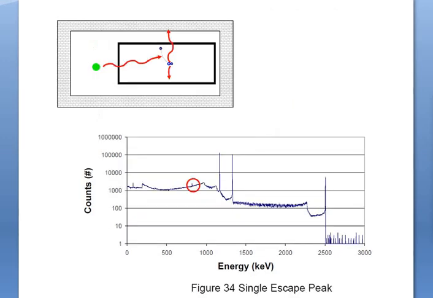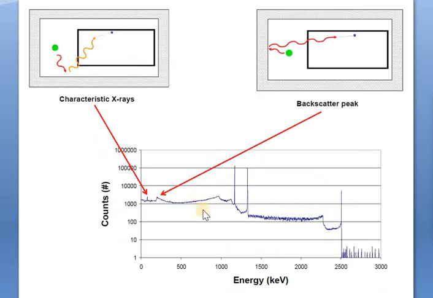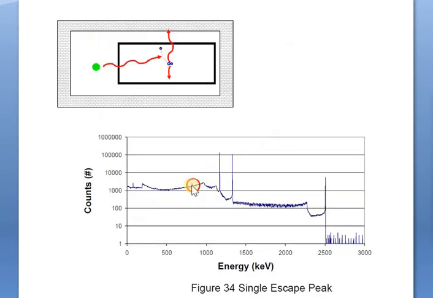Fine. Okay, now you see, we have also talked about the effect of the single escape peak, right? You see here, this small kink was not present over here. Now this small kink is due to the single escape peak for 1332.